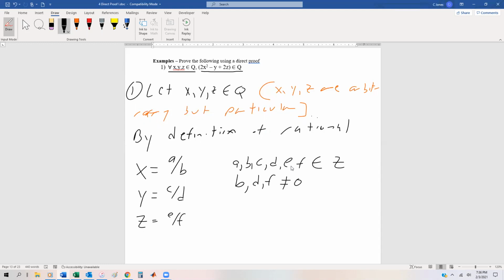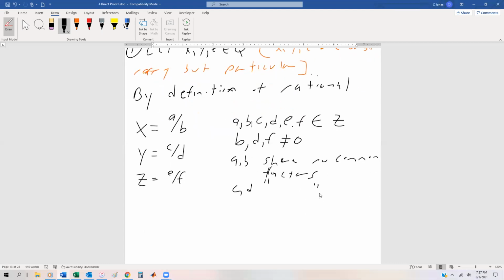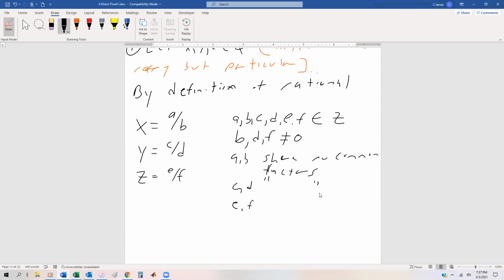And furthermore, we should probably say that a and b share no common factors, c and d share no common factors, and e and f share no common factors.